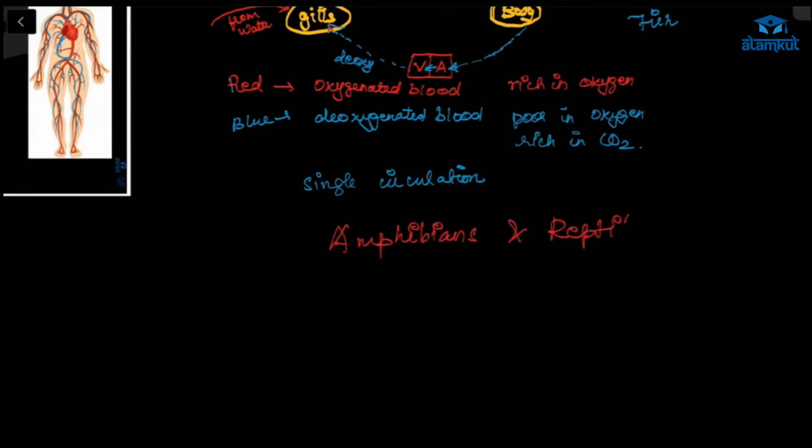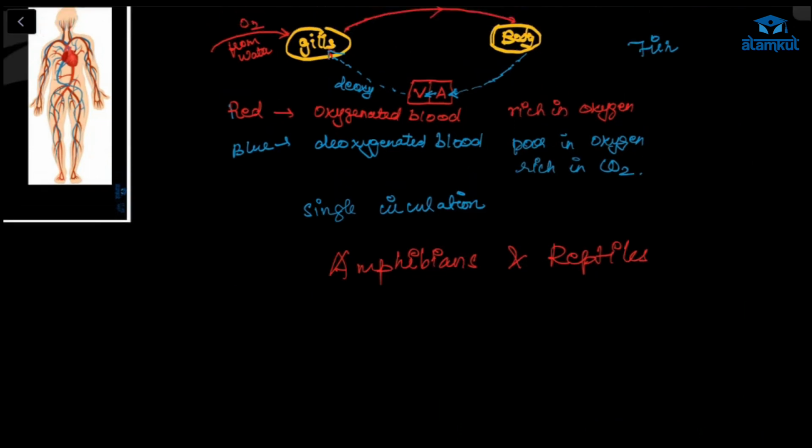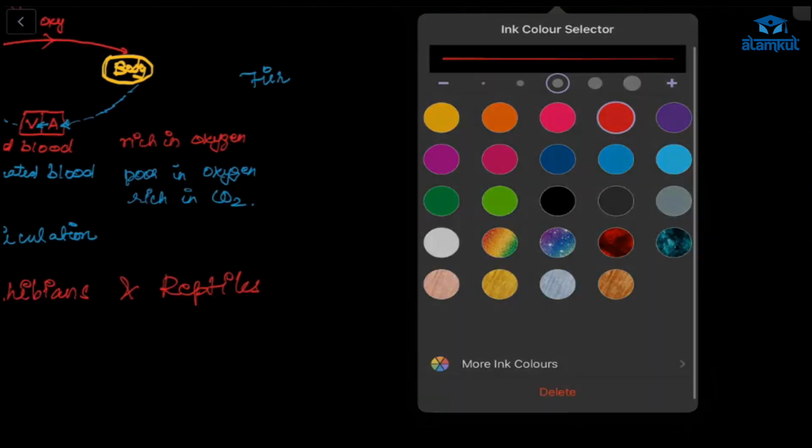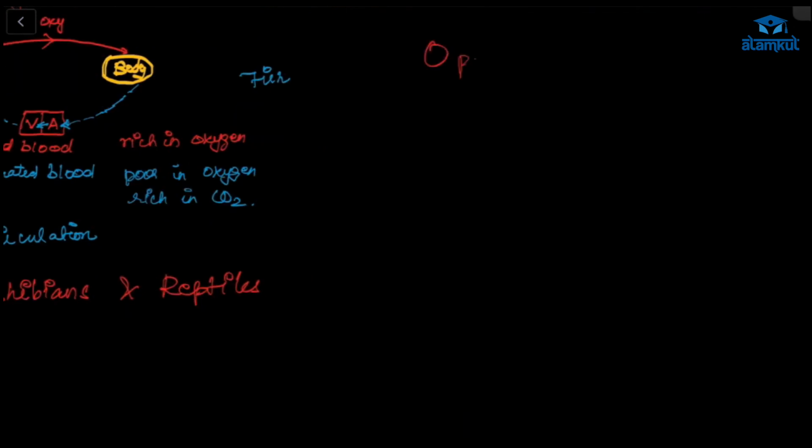Ma'am, just a second. Could you once again explain what was the closed circulatory and open circulatory? Okay, so first I'll tell you, open circulatory system. Here blood is pumped by the heart into the body cavity.